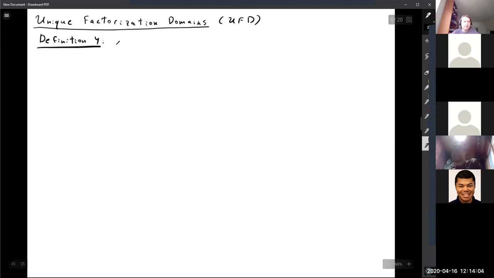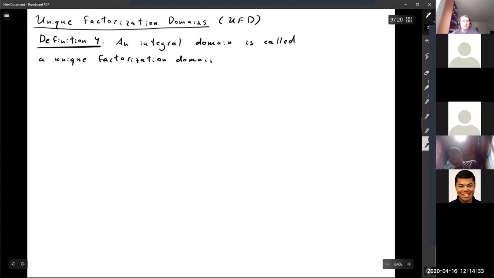An integral domain is called a unique factorization domain if the following 2 conditions hold.